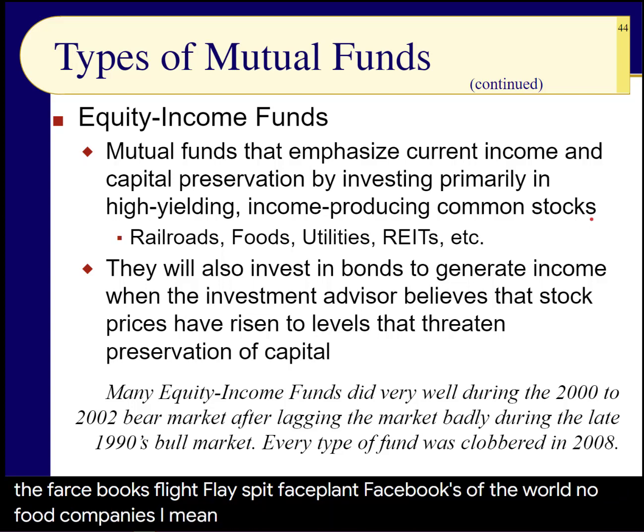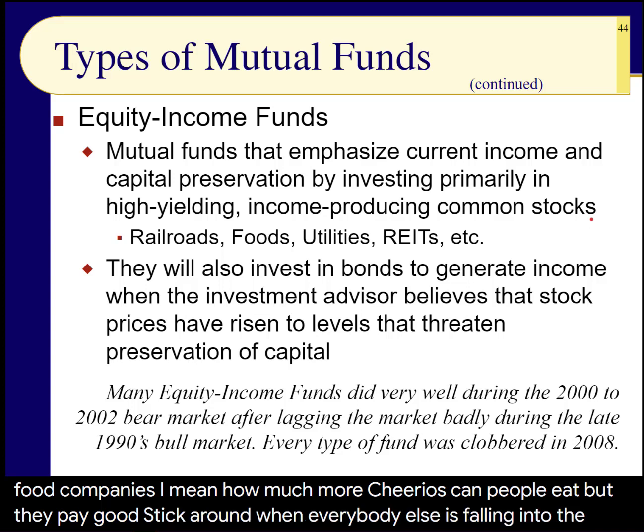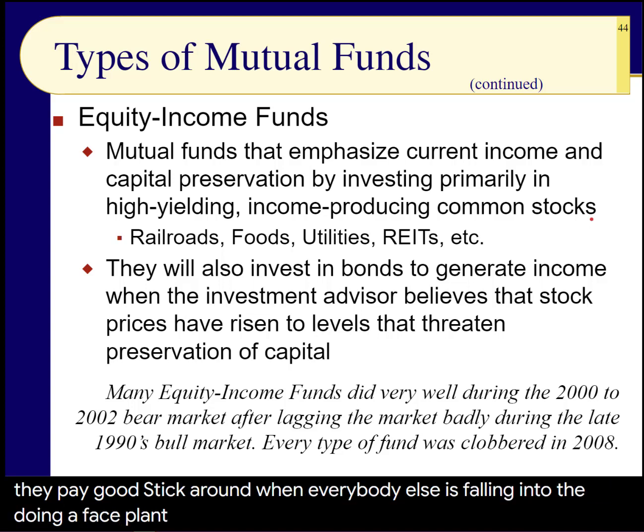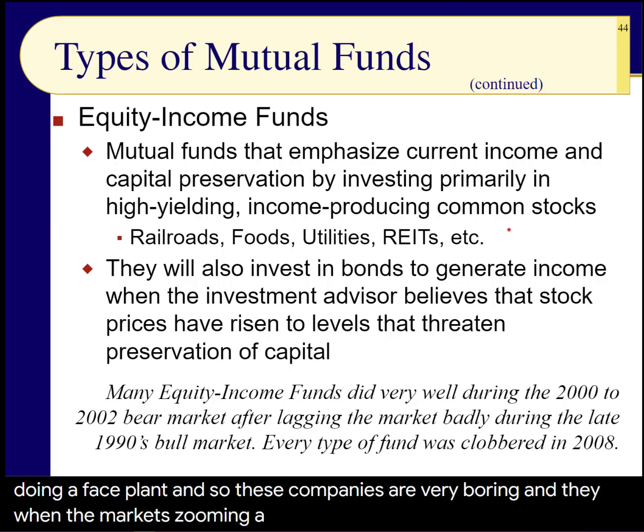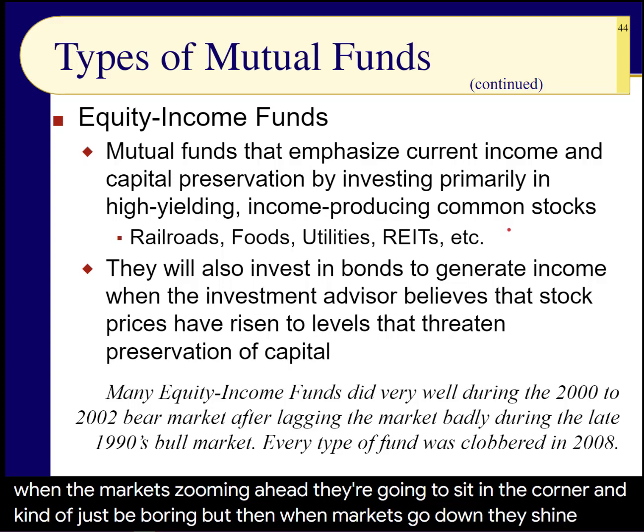I mean, how much more Cheerios can people eat? But they pay good dividends, and they have a tendency to stick around when everybody else is falling into doing a face plant. And so these companies are very boring, and when the market's zooming ahead, they're going to sit in the corner and kind of just be boring. But then when markets go down, they shine.